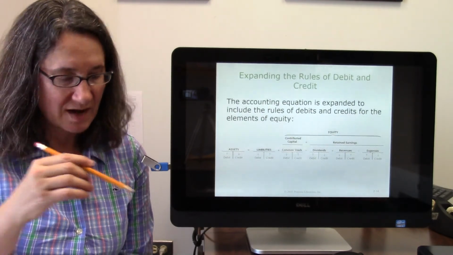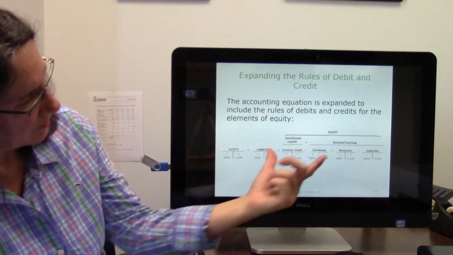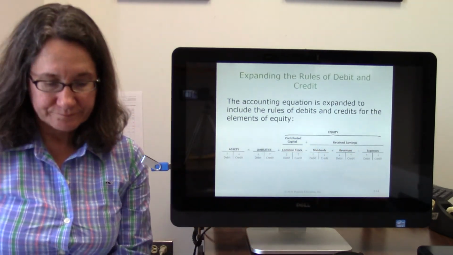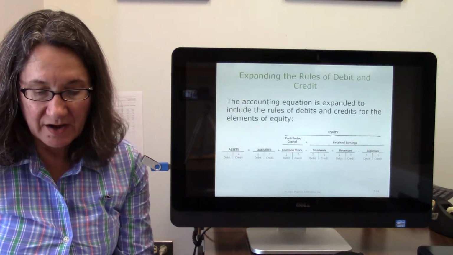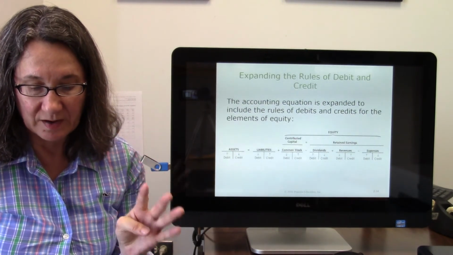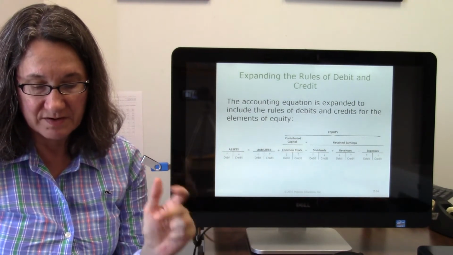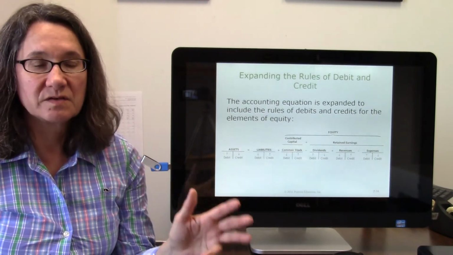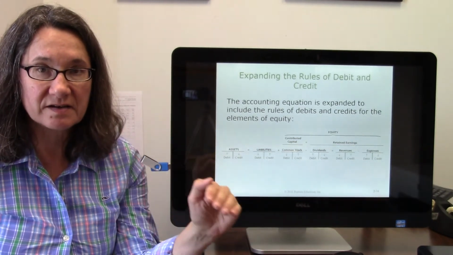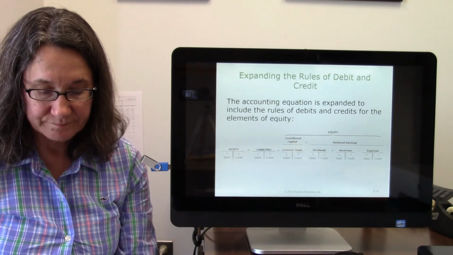So we have to think about how the debits and credits work for equity. All right. So the accounting equation is expanded to include the 4 types of equity accounts: common stock, dividends, revenues, and expenses. So equity is subdivided into some categories: common stock, dividends, revenues, and expenses.